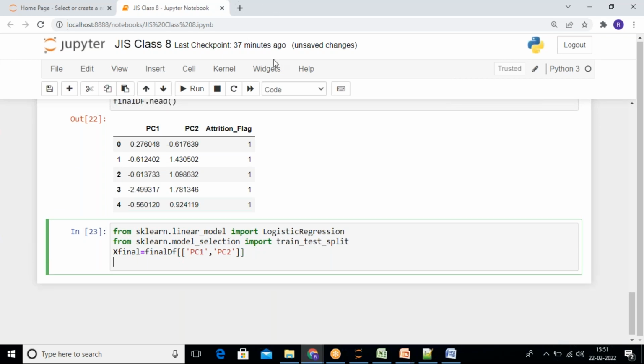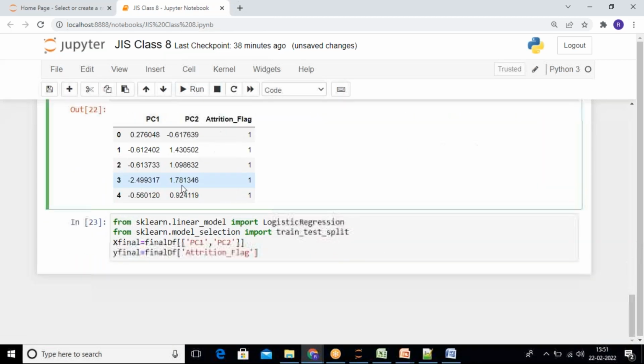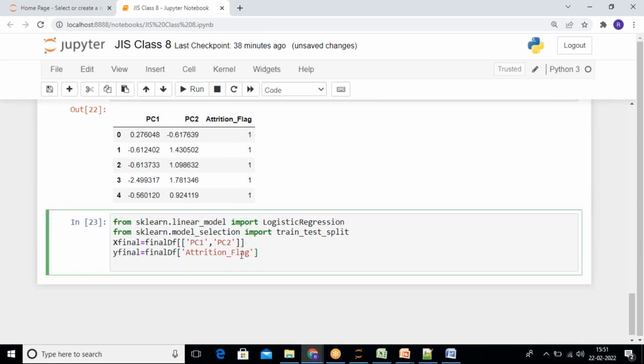And where we have the target, the attrition flag. So on X we have the features, and on Y we have the target.